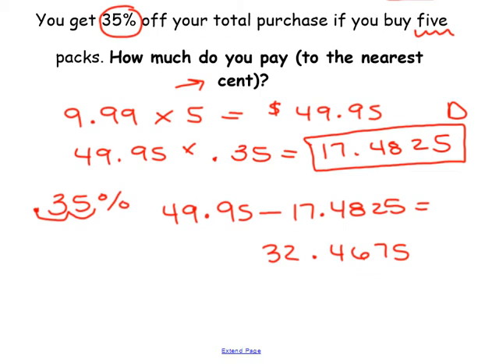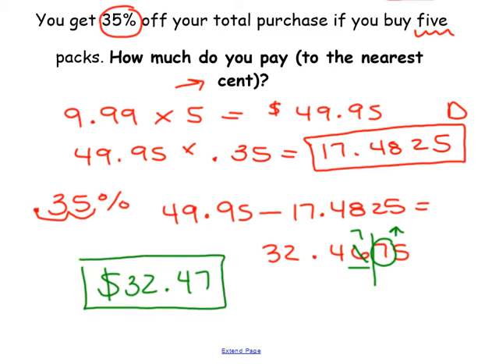Now is when we're going to go ahead and round. So we round to the hundredths, underline the hundredths, draw our stick, circle the number after. 7 means climb the vine, so we go up. This 6 becomes a 7. Our total sale price is $32.47.